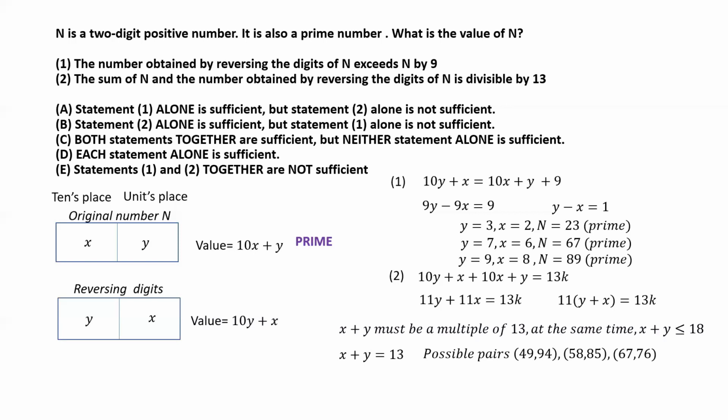And these are the only possible pairs such that the digits add up to 13. And if we examine all of these, there's only one number among these pairs which is a prime number, and that's 67, right? So that's the only prime number.